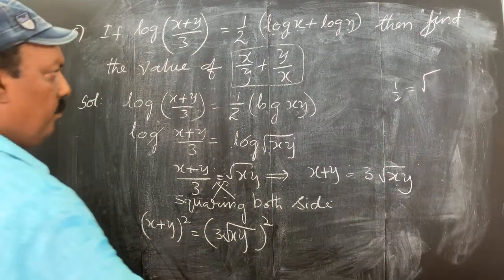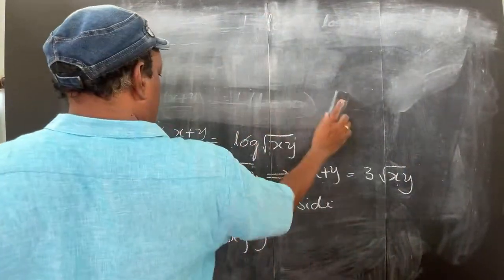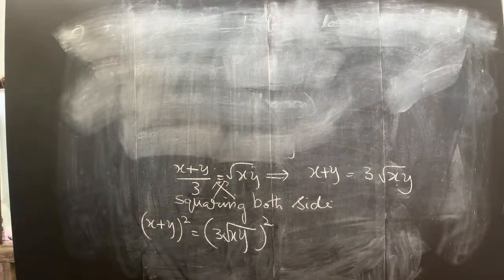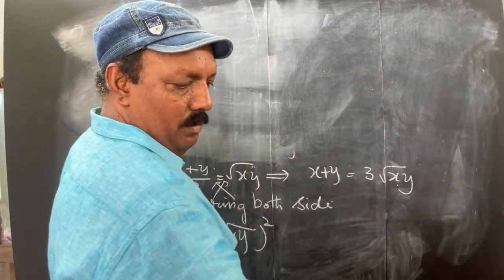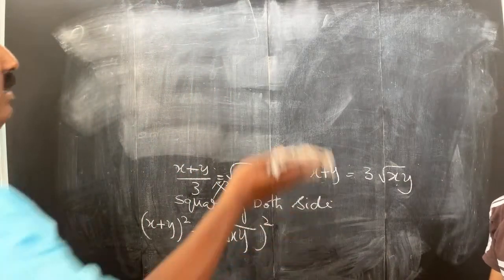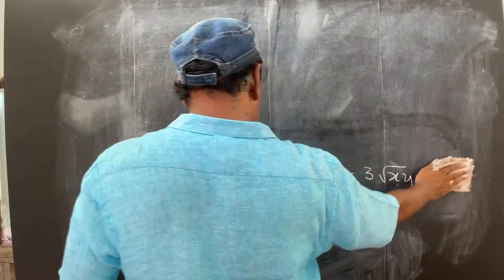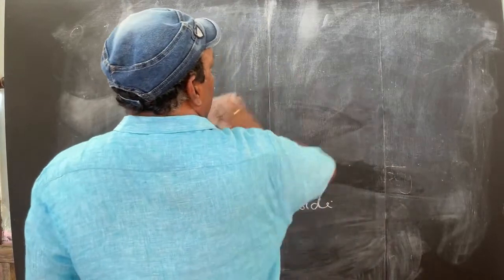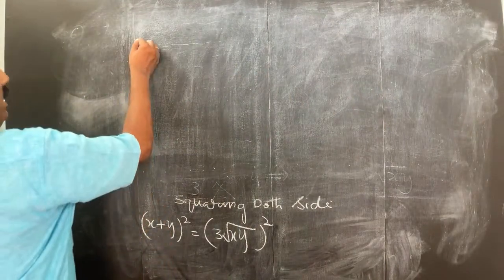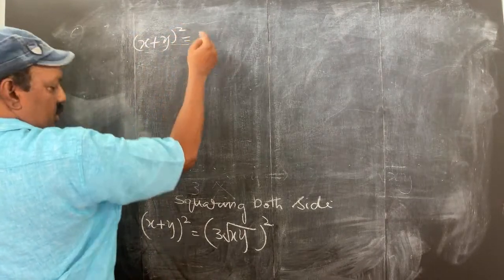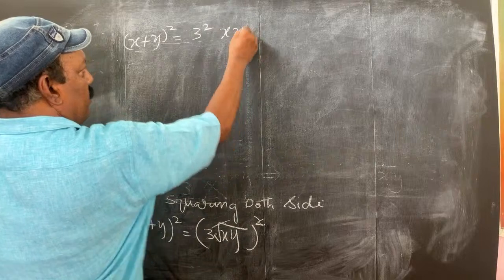Now next step is: (x plus y) whole square is equal to 3 square times xy. Here the square and the square root will get cancelled, leaving 3xy.